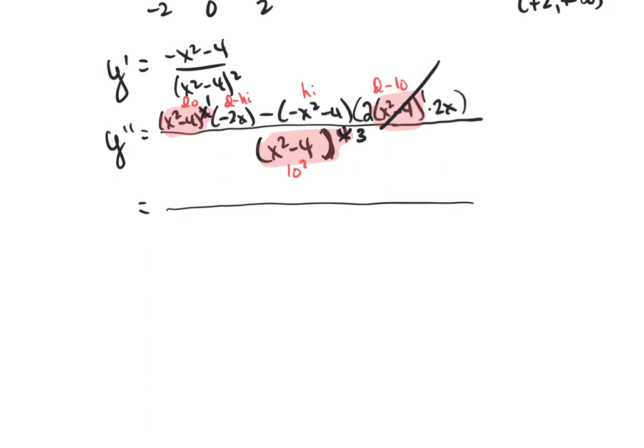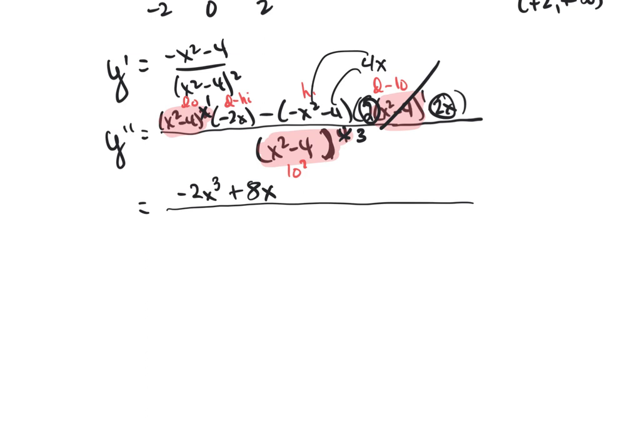I'll distribute negative 2x times x squared, negative 2x times negative 4, and then on the end here, let's see, I wonder what I should do. Maybe I'll put the 2 and the 2x together as a 4x.